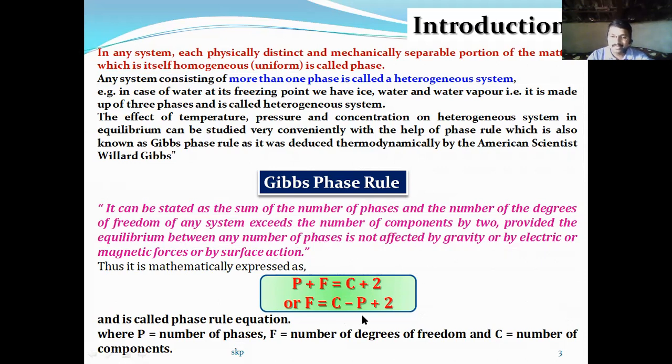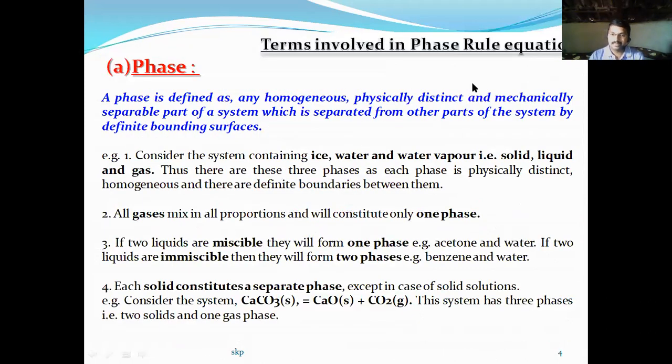So mathematically it is expressed as P plus F is equal to C plus 2, or F is equal to C minus P plus 2. This is called the phase rule equation, in which P is the number of phases, F is the number of degrees of freedom, and C is the number of components. We will see these terms involved in the phase rule equation.